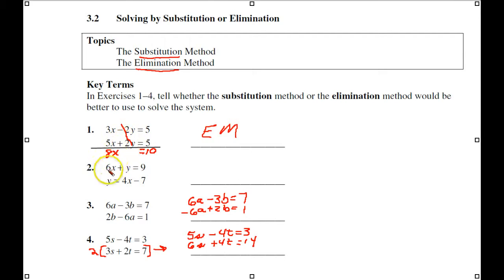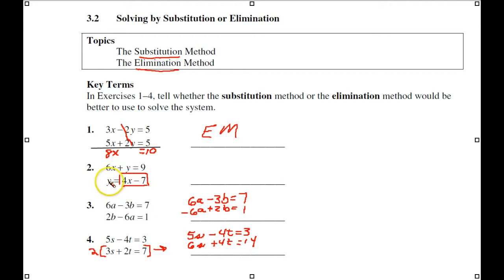Now, as we look at number 2, this is not in standard form, the second one. The first one is. But notice what we have here. In this second equation, we have y equals this. This is what y equals.